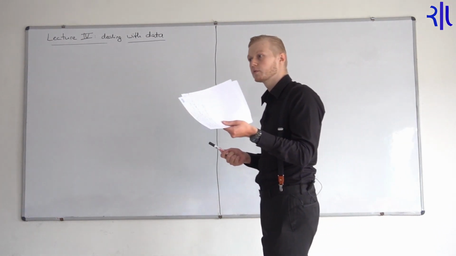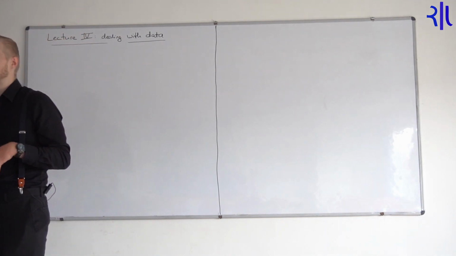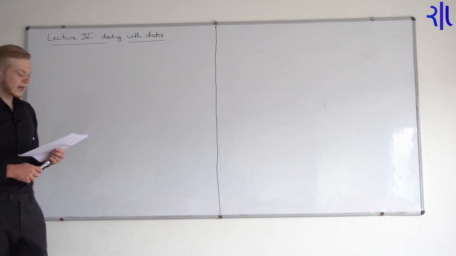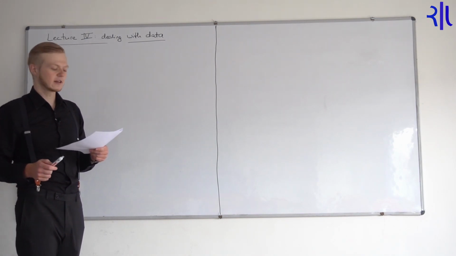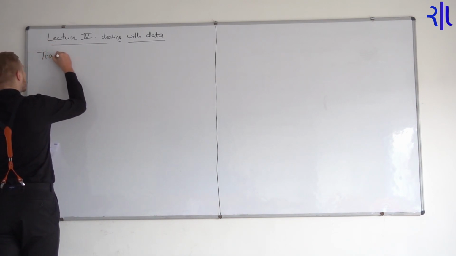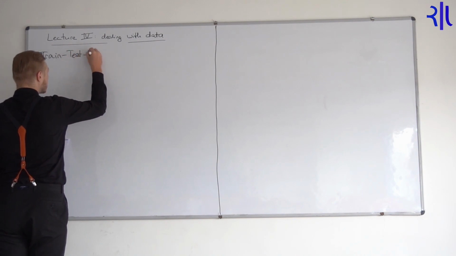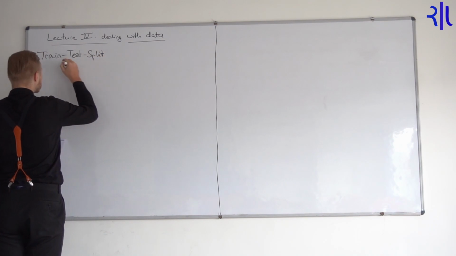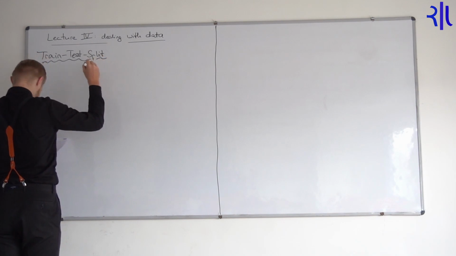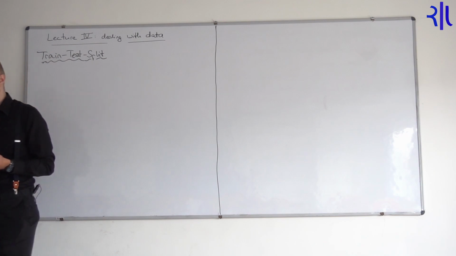What is important is how the model will perform on the data that it has not yet seen, the data that is not part of the training data that you get. And for that, you can do something that is called the train and test split. So how does that work?